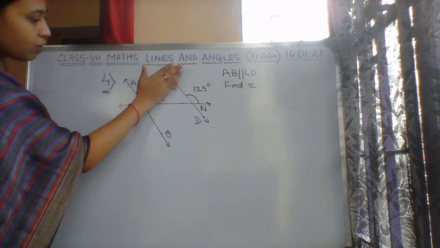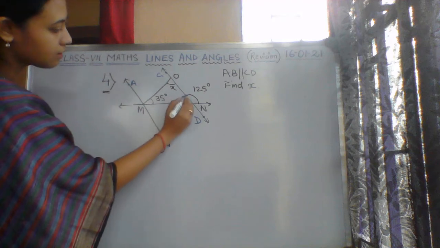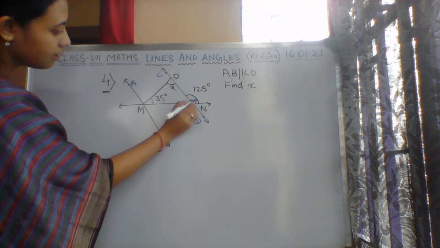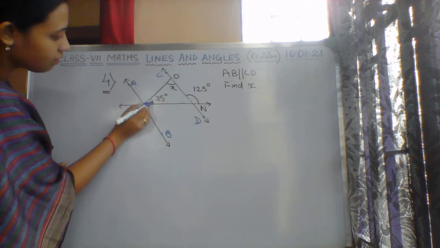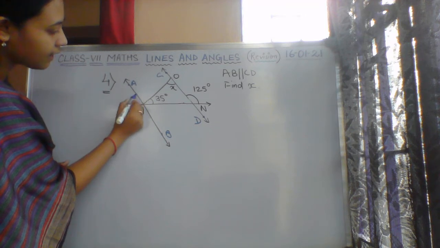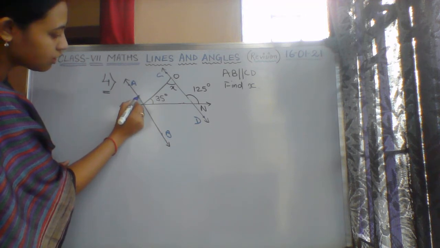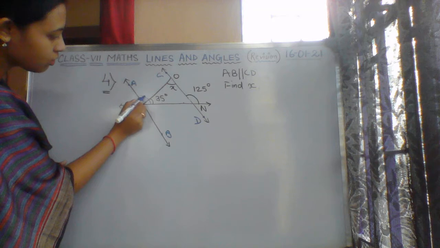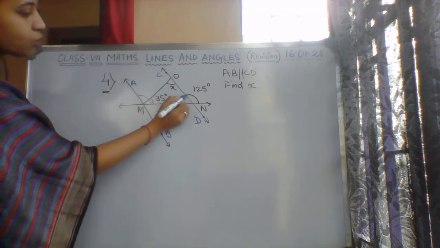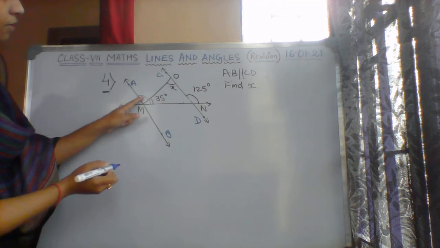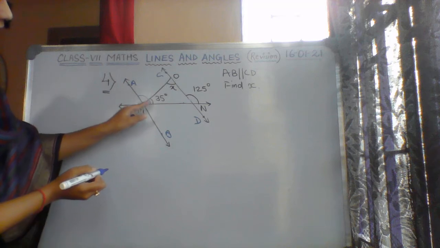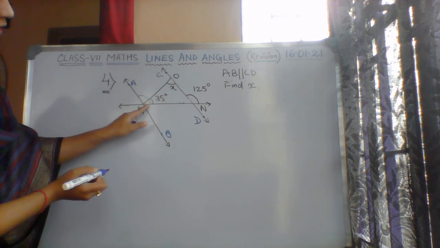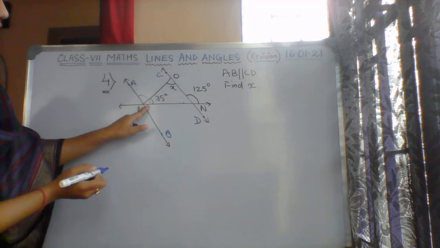If you forget about this line, then this total angle will correspond to this angle. So this blue colored angle I have noted here should be 125 degrees.